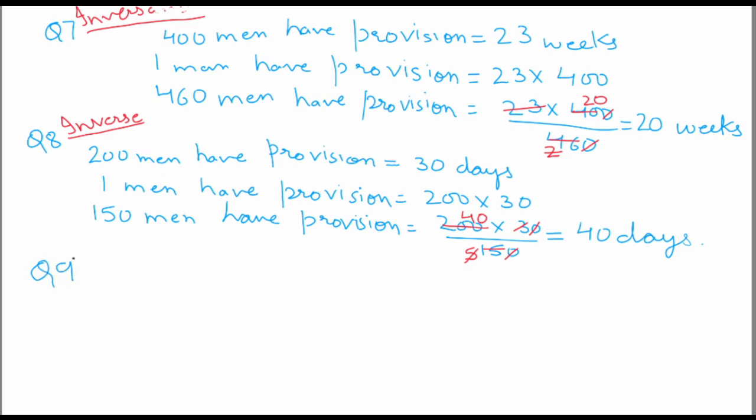Coming to the 9th question. Ninth question is, 8 men can finish a certain amount of provision in 40 days if 2 more men join them. Same thing, this is also inverse.